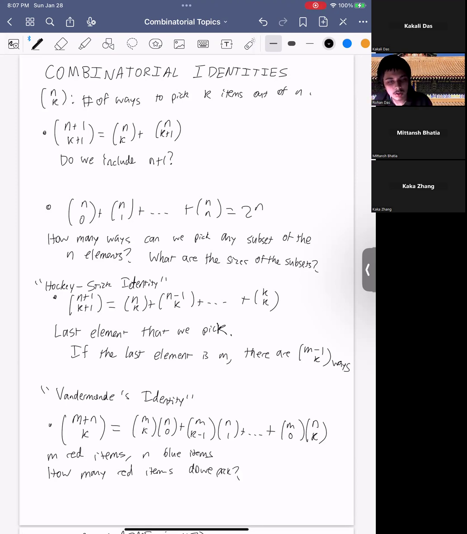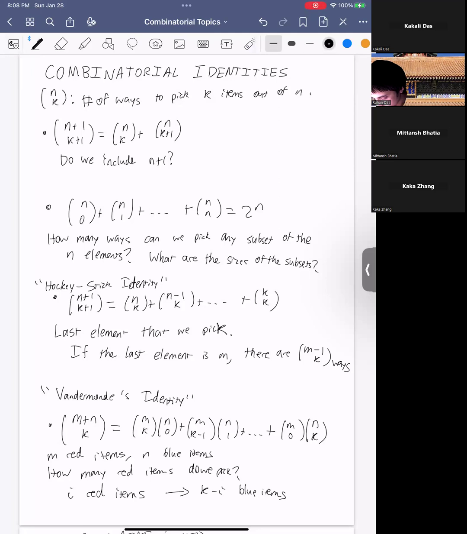However many we pick, we are picking k minus that many of the blue items. So let's say we pick i red items, then we are picking k minus i blue items. There are m choose i ways to do the first, and n choose k minus i ways to do the second, which is how we recover the summation.